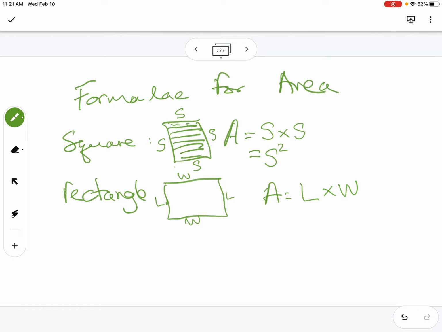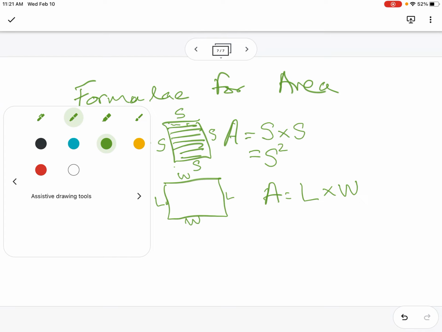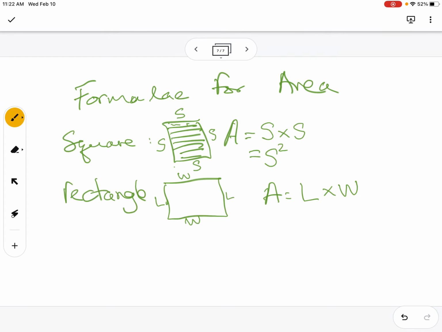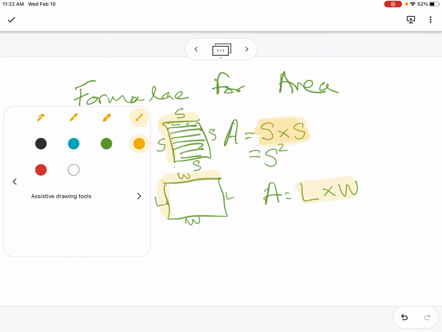Notice that just like the formula for squares, we're timesing 2 things. And here again, we're timesing 2 things. Up here, the 2 things that we were timesing were this length and this length, and they just happen to be the same. In this, we're multiplying this length and this length, but because they're different, we're doing length times width.